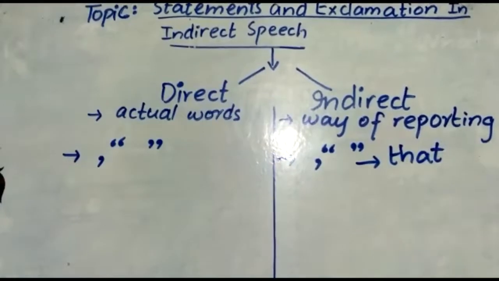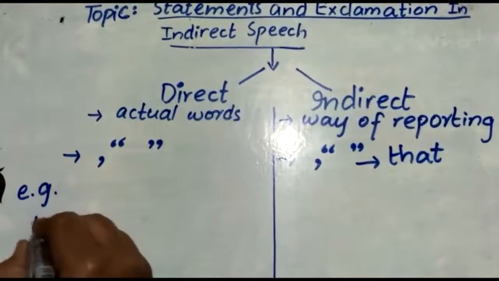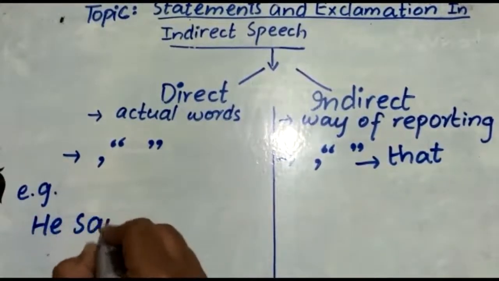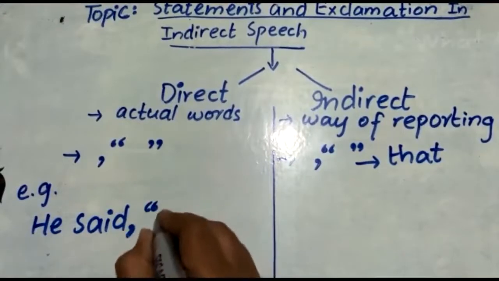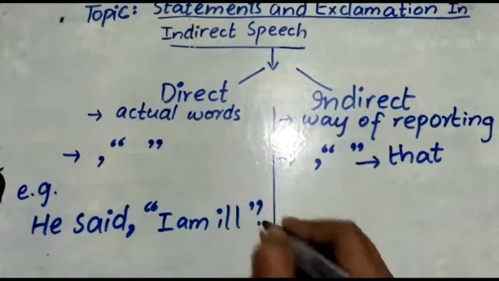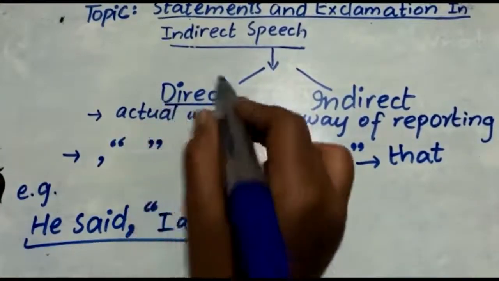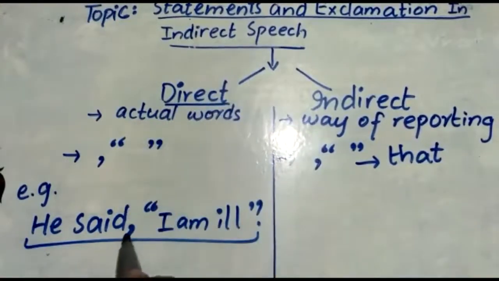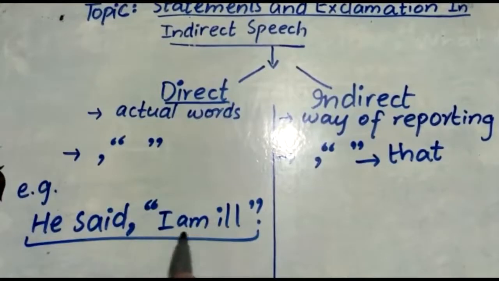Now let me give you one example. For example, if I say he said, comma, inverted comma started, I am ill. This full sentence is a direct speech sentence because in this sentence we have comma and inverted commas, and in inverted commas the actual words of a reporter are quoted or enclosed.